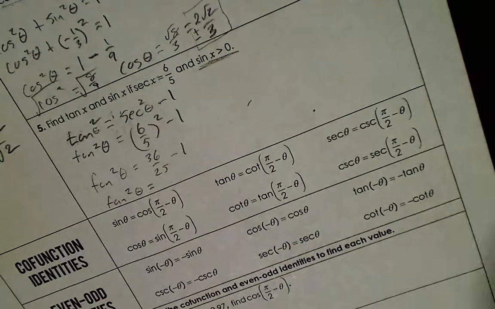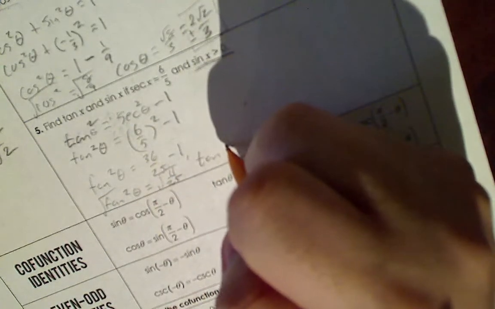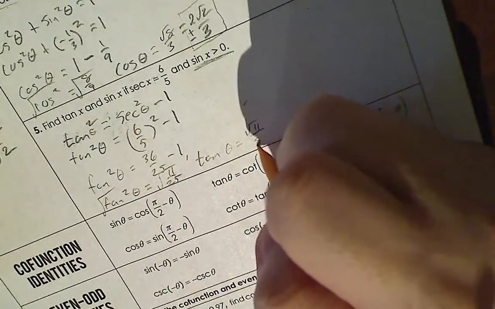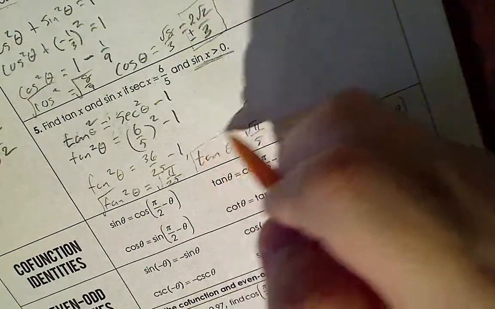This is taking longer than I thought. 11 over 25, square root. So the tangent of theta, or x, is going to be essentially the square root of 11 over 5. Okay, so there's that first part.